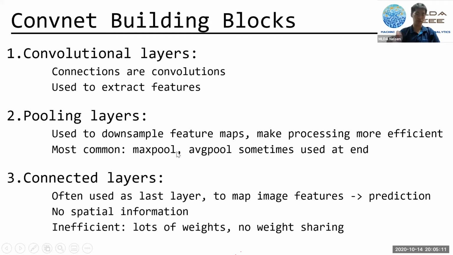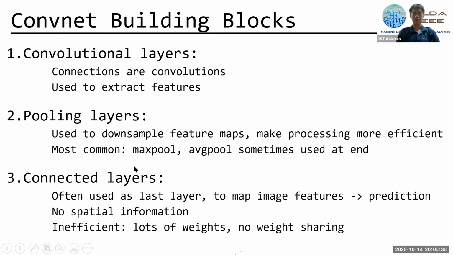Max pool is usually used in the beginning, and average pool is to get the average out of everything. This is when all the noise has been filtered in some earlier layer, so in the last layer you kind of want to average them and downsample them before you connect them into connected layers. So that's the main difference between convolutional layers and pooling layers.